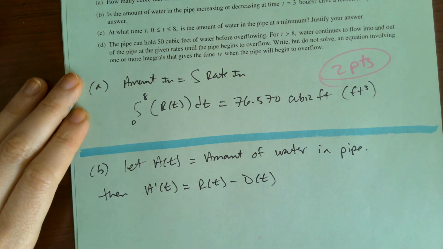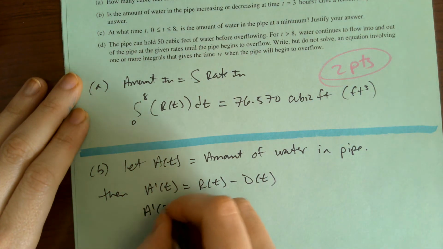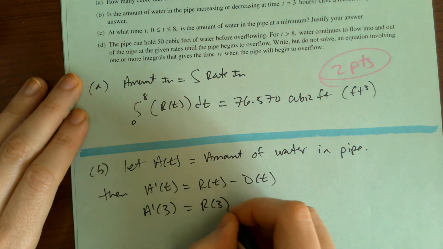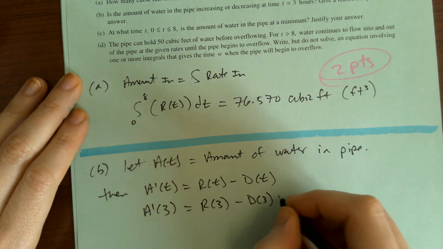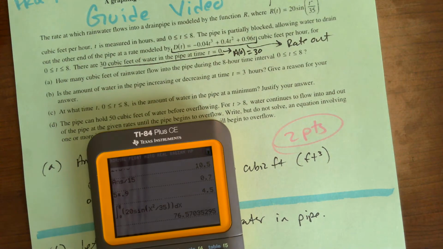I've got to see if this is positive or negative, and that's going to tell me if the amount of water in the pipe is increasing or decreasing. So A prime of 3 is R of 3 minus D of 3, and I've got to type this into the calculator.